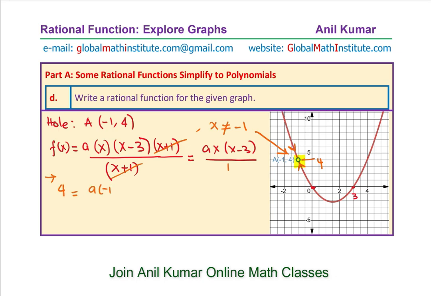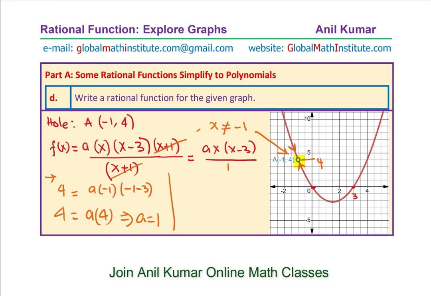So a times minus 1 times minus 1 minus 3, right? So that gives me 4 equals a times, this is 4, right? So that means that a is equal to 1, correct? So we got the value of a as 1 itself, right?